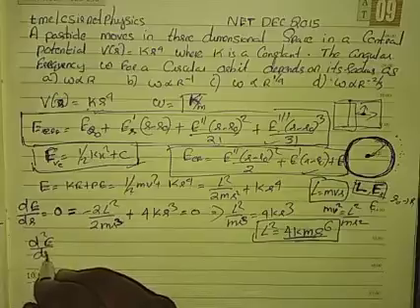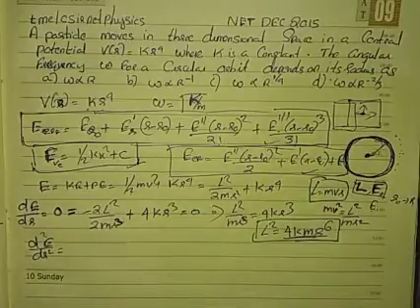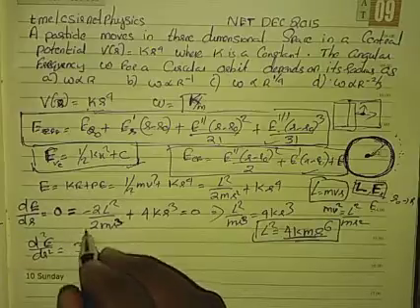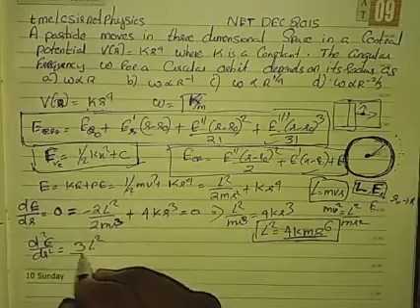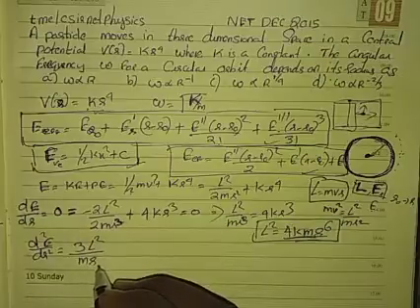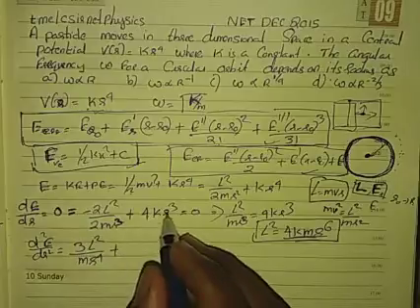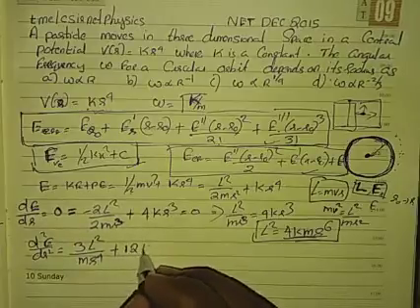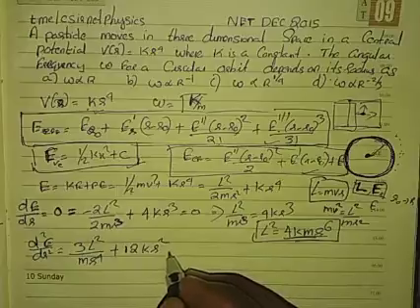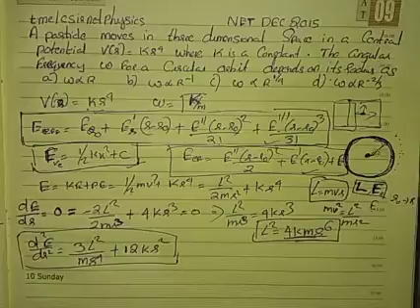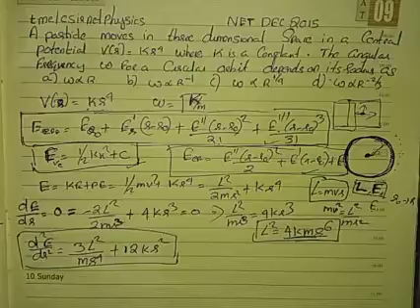d square E by dr square will be equal to what? L square times 3 by m r raised to 4, plus 4 times 3 is 12 k r square. That's the second derivative of energy. We have found L square, so we can substitute the value of L in this.